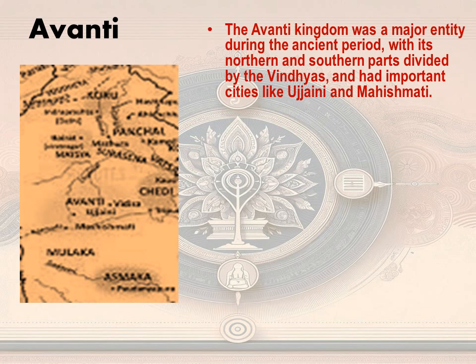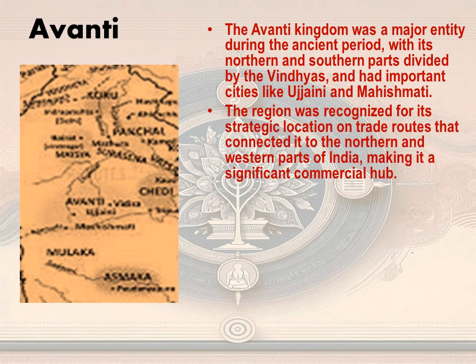So Ujjaini and Mahishmati in the Madhya Pradesh, Maharashtra region was where the ancient kingdom of Avanti was present. The region was recognized for its strategic location on trade routes that connected it to the northern and western parts of India, making it a significant commercial hub.